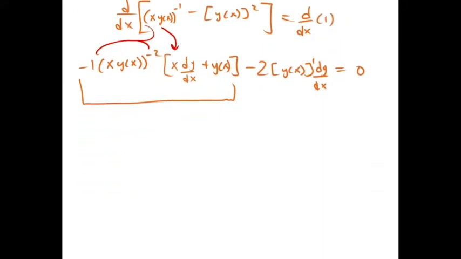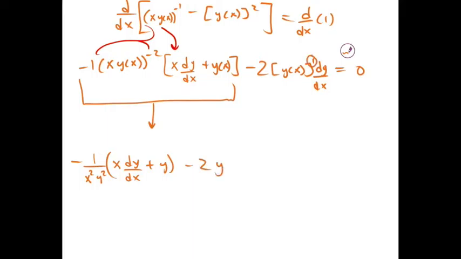So now we have to get all the terms of dy dx on one side. So first we're going to multiply this out. It's going to be negative 1 over x squared y squared. Just flipping it over. Times x dy dx plus y minus 2y.